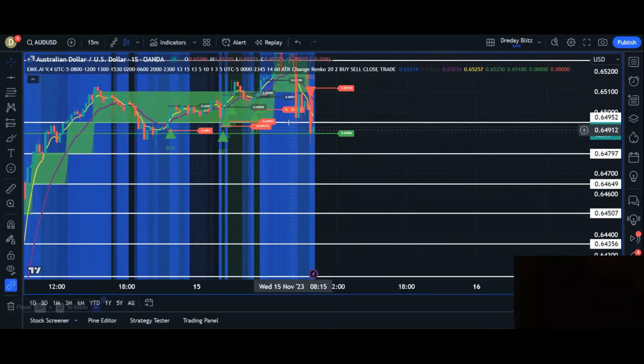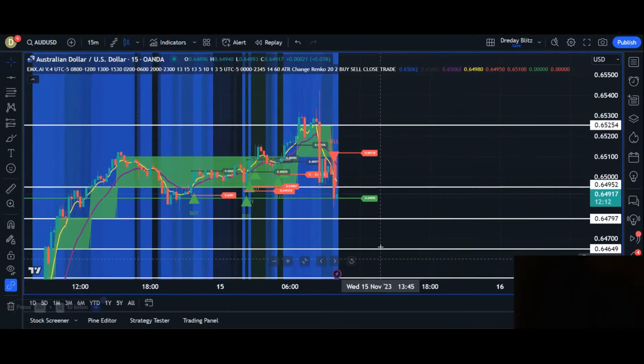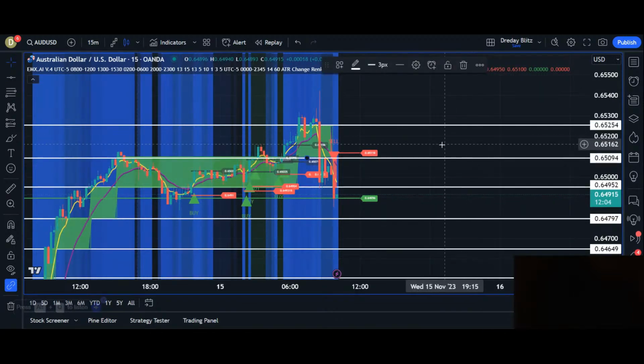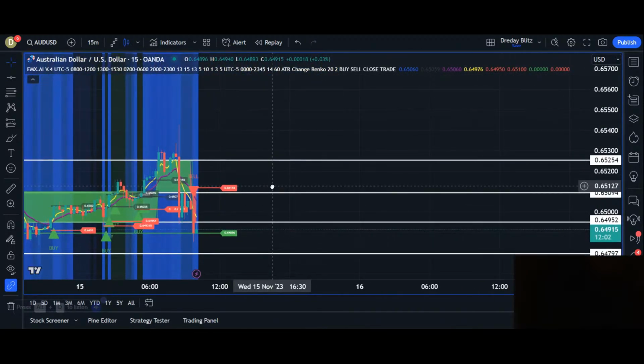If it's still going down, those are the zones that it needs to respect. If not, it's going to reverse. It's going to put a line here. Perfect. If it's going to reverse going up, it needs to go in that region.